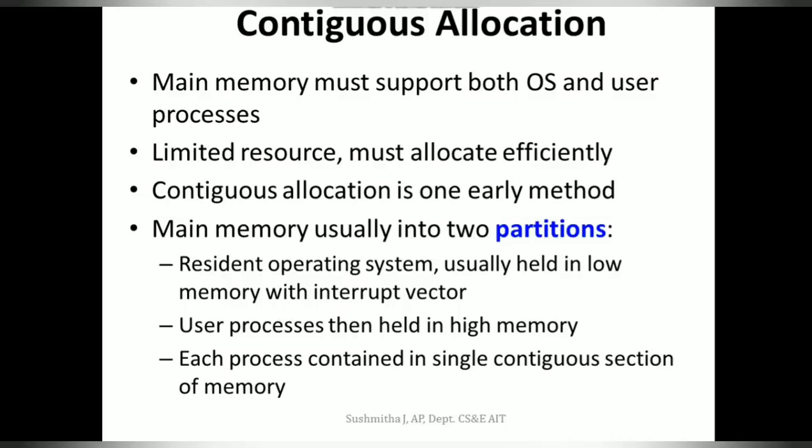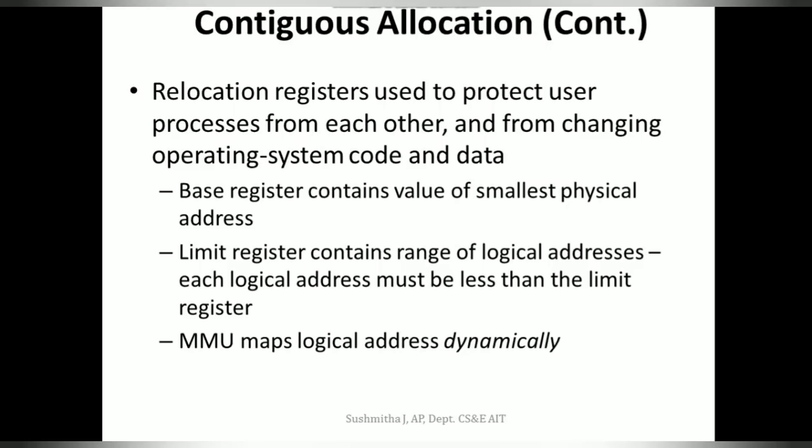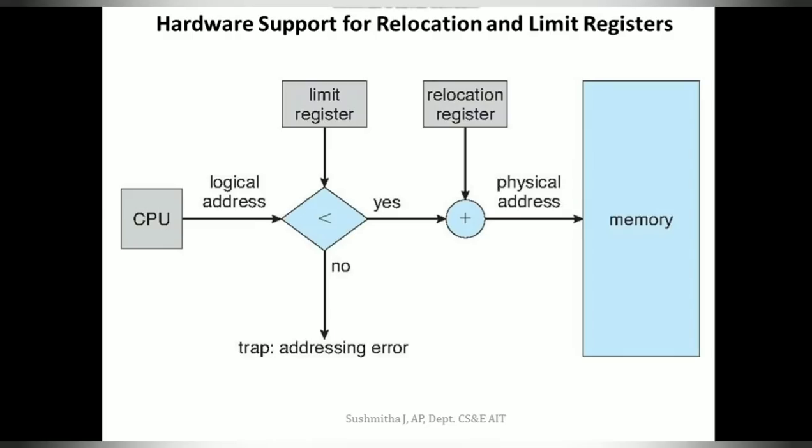If a user process accidentally or deliberately makes any mistake that can affect my OS, or tries to enter the region or partition of the operating system, that must be prevented. I also need to protect one user process from another process. Now, how is that done? That is done with the help of the relocation register and the limit register.